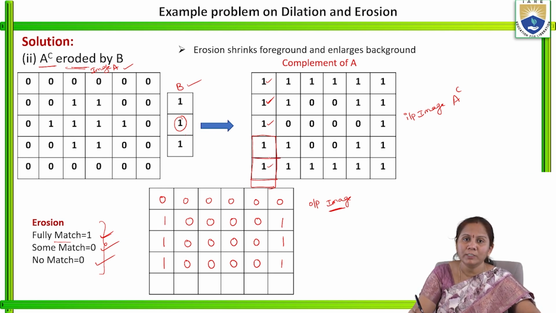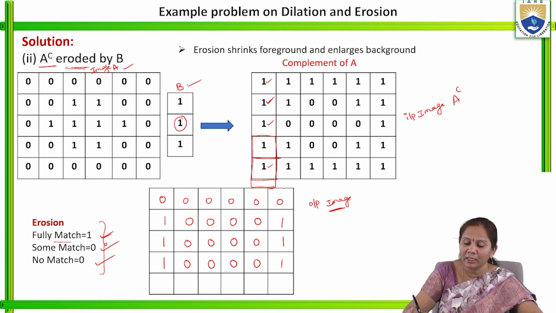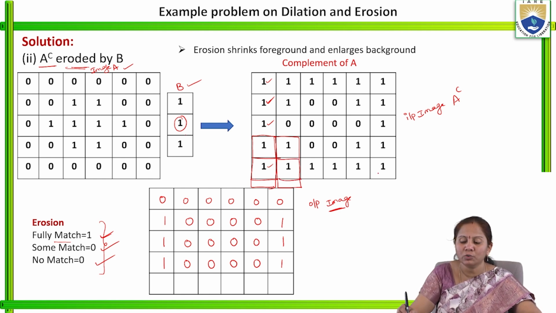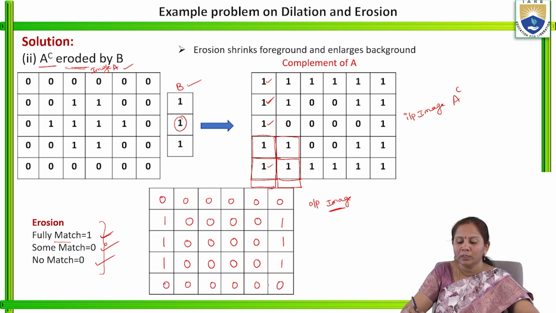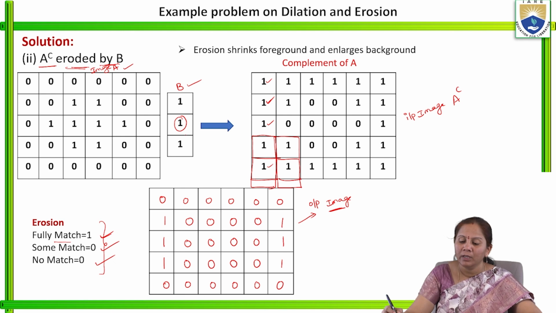Even though the two elements are matched, the last element is vacant, which makes it not fully matched, only some match. So automatically, in the last row all the values will become 0. This is the output image after performing this operation.